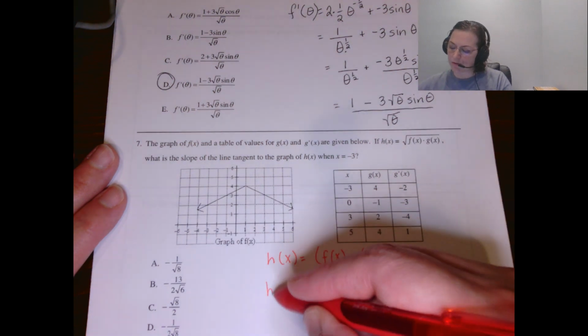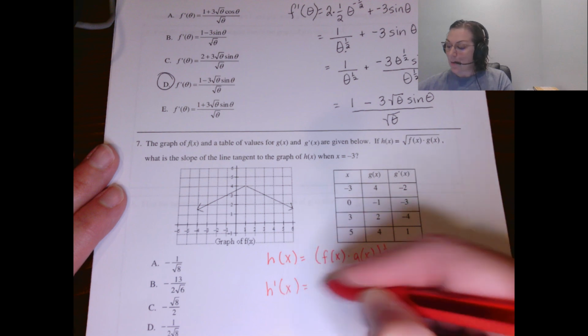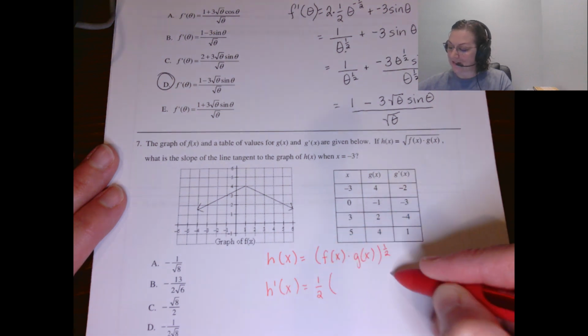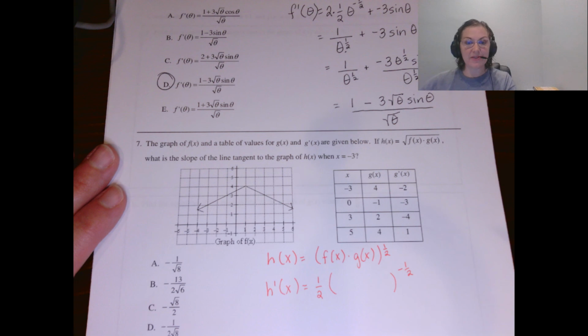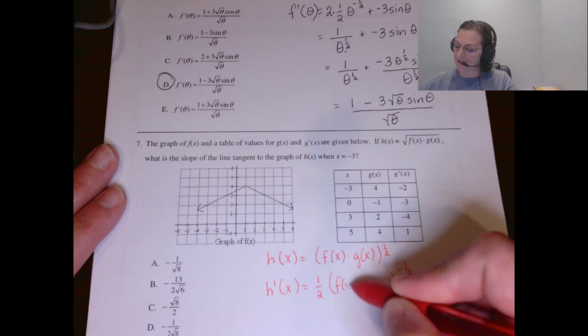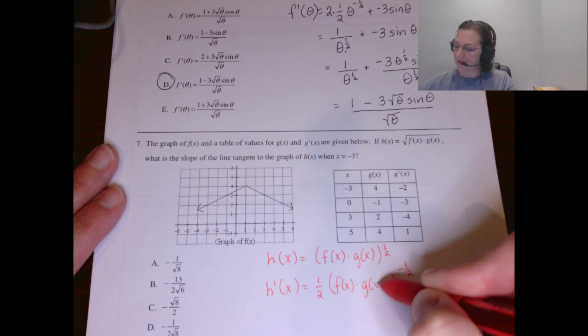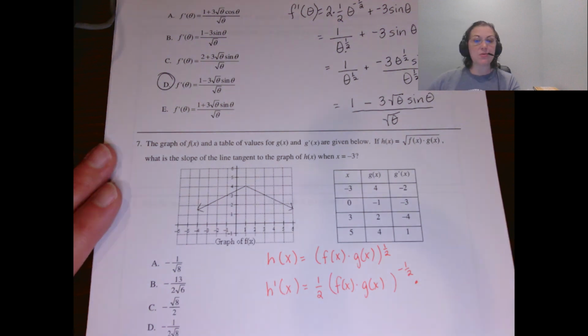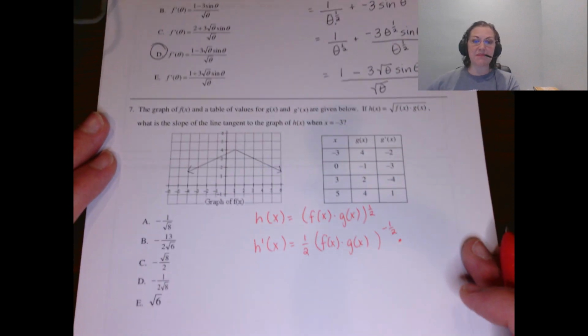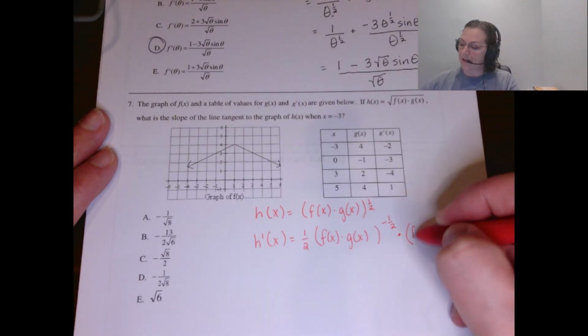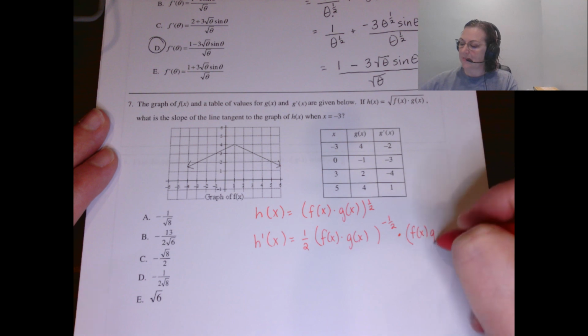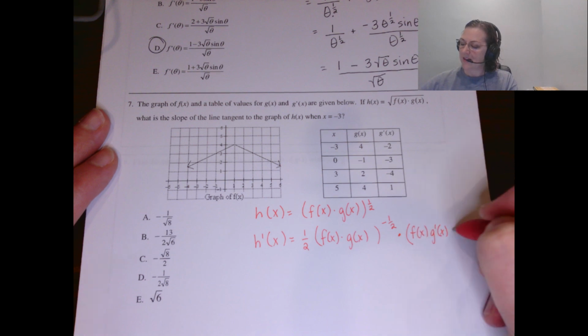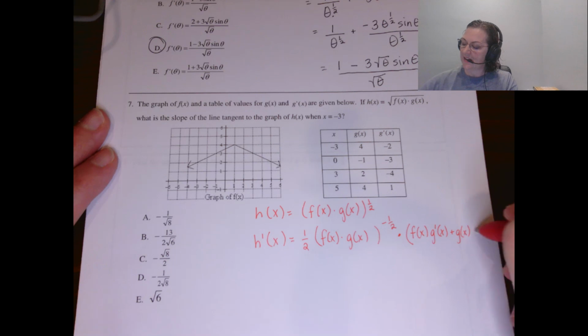Okay, chain rule says 1/2 times something to the -1/2. So we know that's our f of x and our g of x in there. And then when we multiply by the derivative of the inside, we've got to be very careful because that's a product rule. That's first times derivative of the second plus the second times derivative of the first.